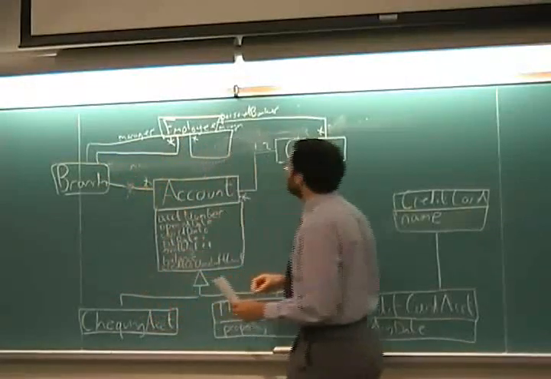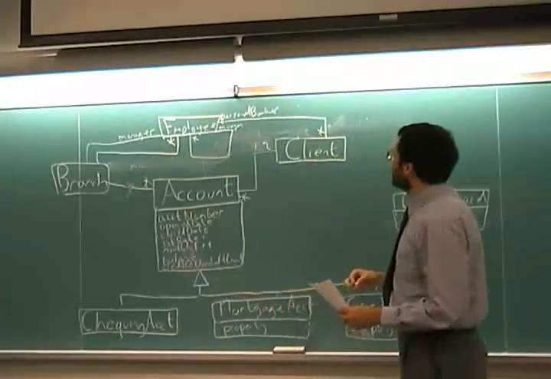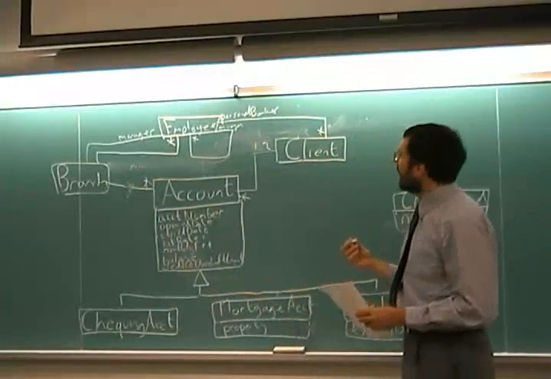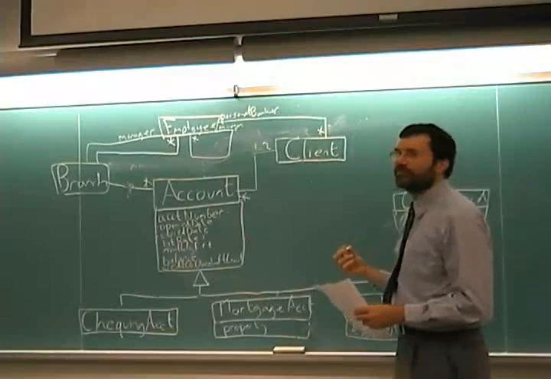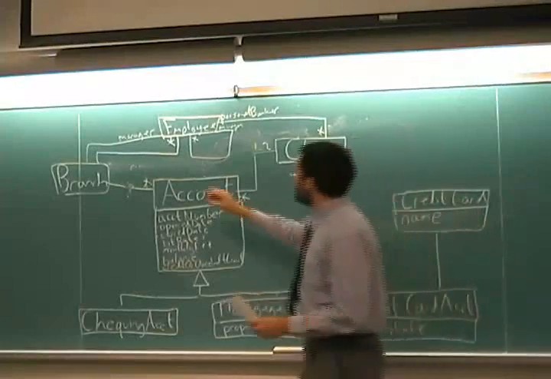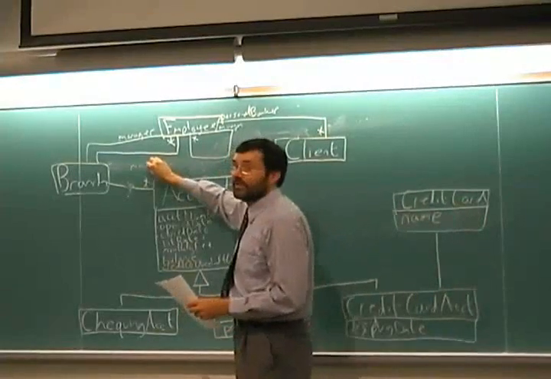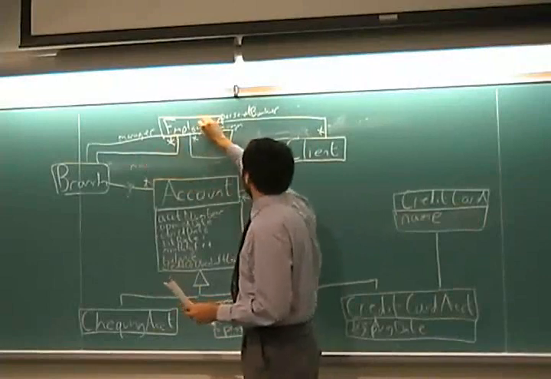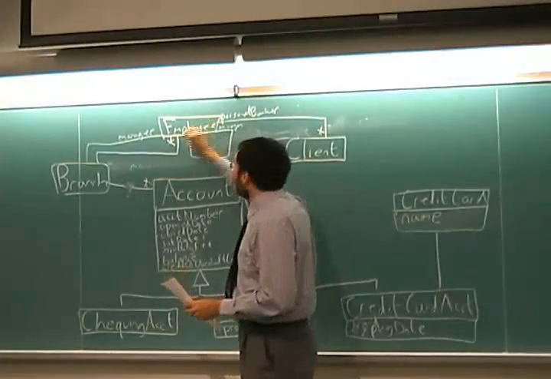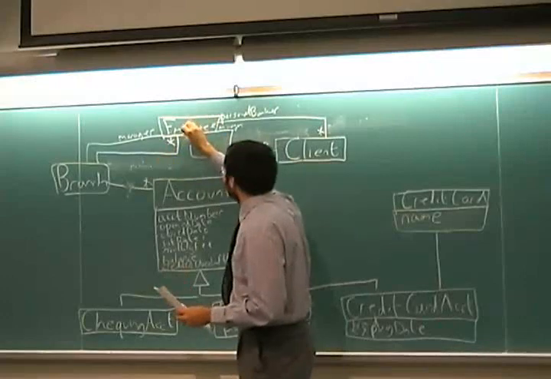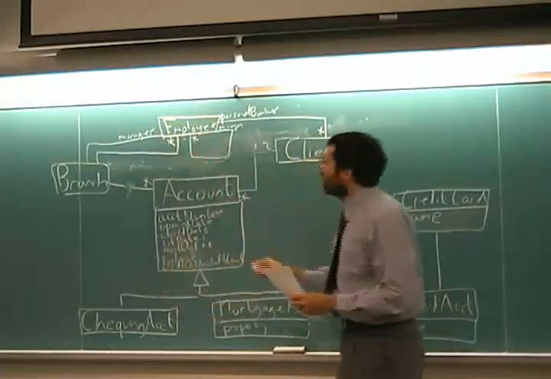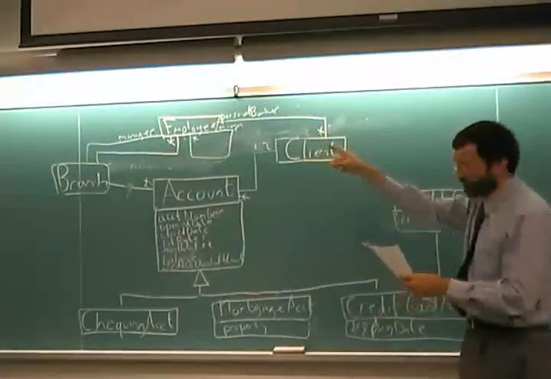Secondly, it doesn't quite fit the pattern. Yeah, but the manager's got to be an employee as well, right? So the manager is an employee anyway, and so this would end up being like that. I don't think that works so well. So we're going to choose between one of those two things.